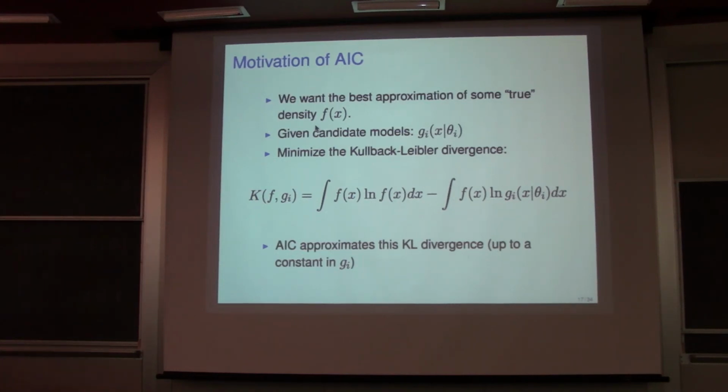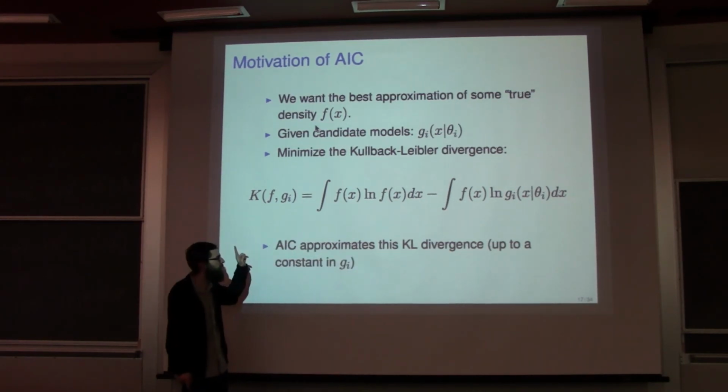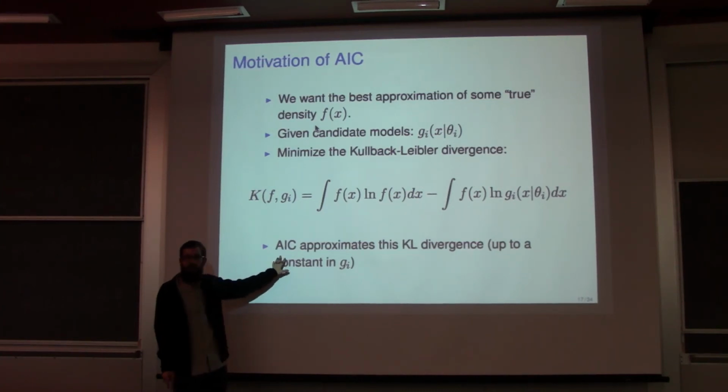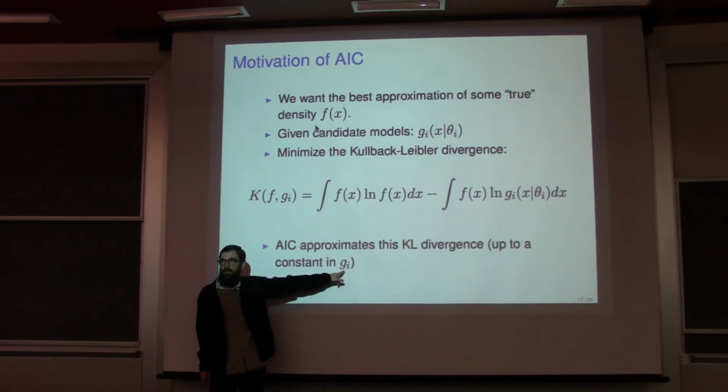So the really cool trick that Akaike realized was that you can't compute this KL divergence, but you can approximate it, and the approximation is only off by a constant in g.